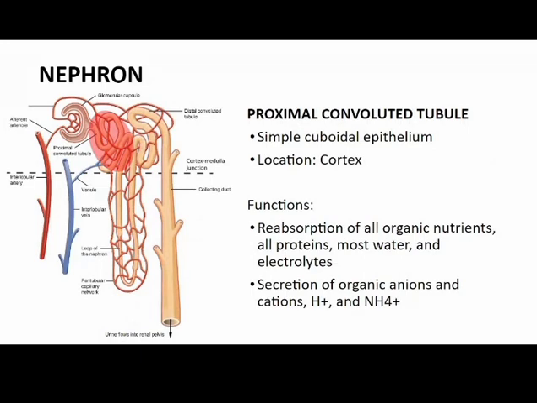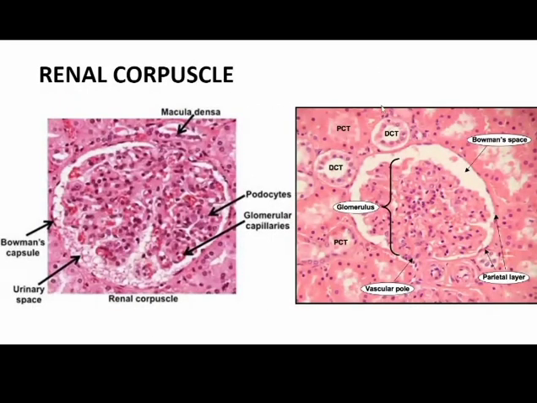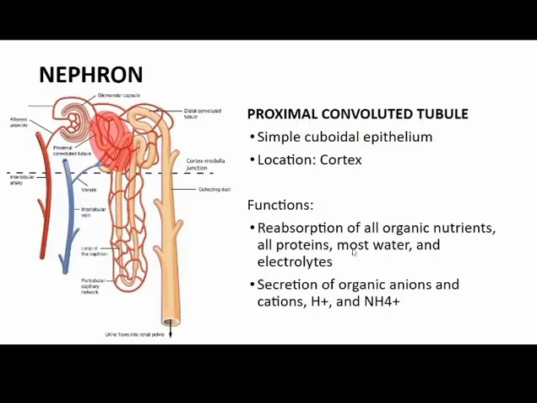Proximal convoluted tubule, so it is lined with simple cuboidal epithelium located in the cortex. So the Bowman's capsule is simple squamous. The proximal convoluted tubule is simple cuboidal.